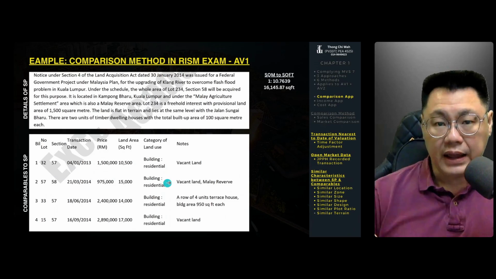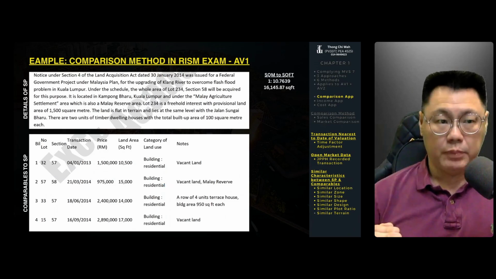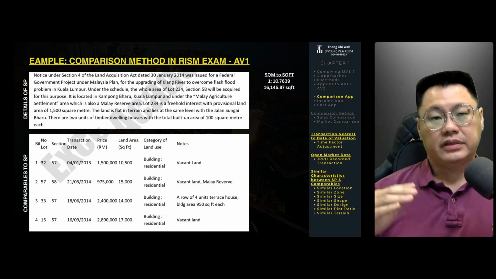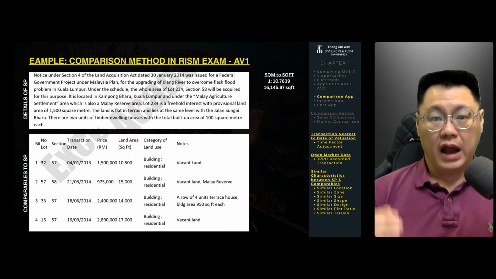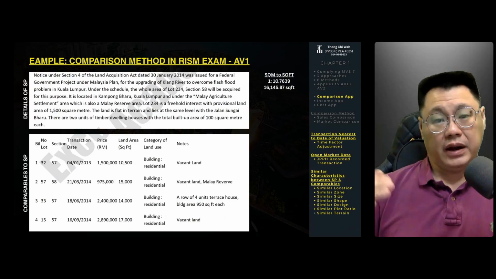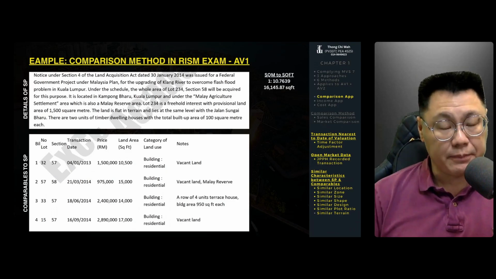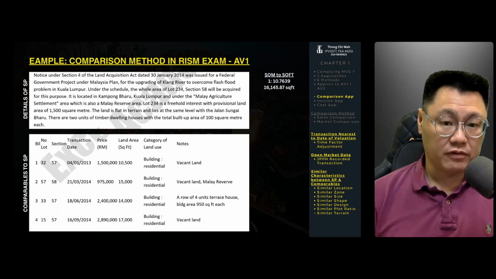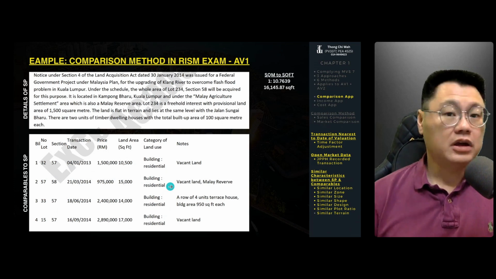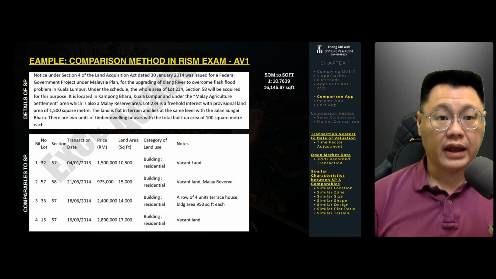Only Malays can purchase, not Bumiputra, but Malays. So this has conditions. Therefore, it is not open market, and Malay Reserve land is not actively traded, but it can only be traded to another person who happens to have the birthrights of a Malay. So this particular comparable is not usable in our land acquisition.